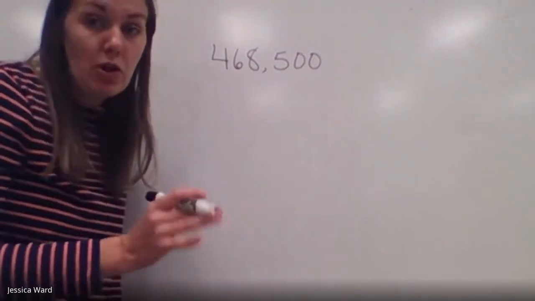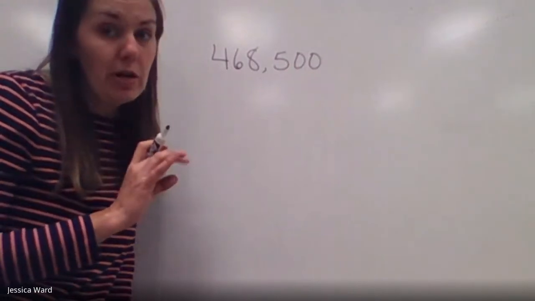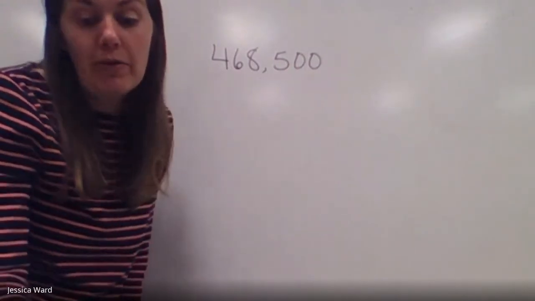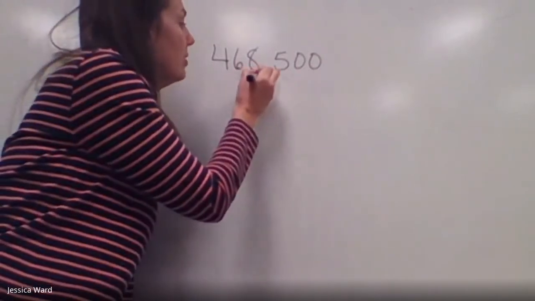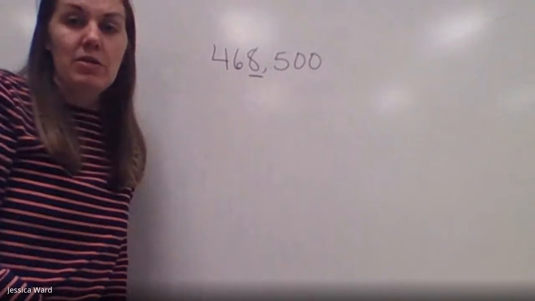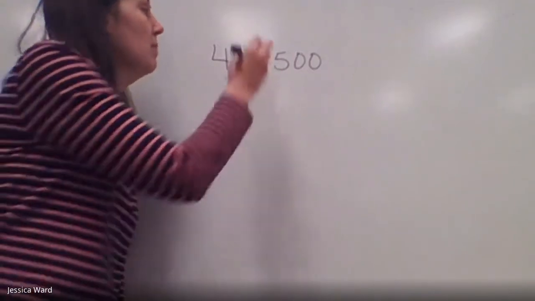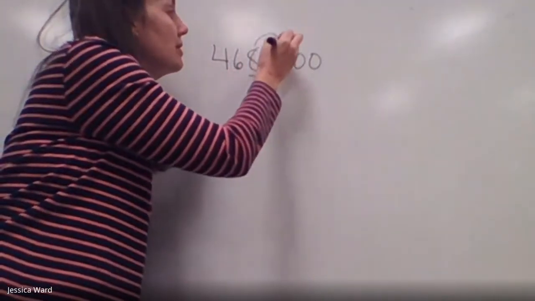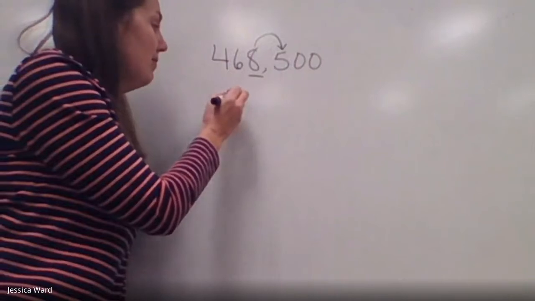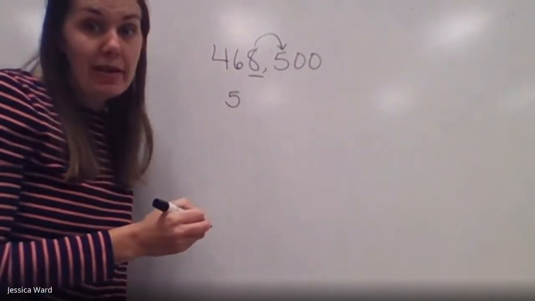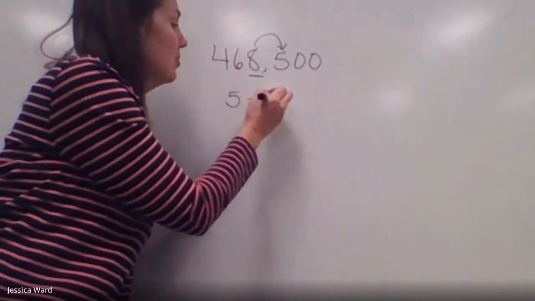You can also show it as, if this is the way that I think is a little bit shorter, if you are rounding to the nearest 1,000 in this problem, we're going to underline the thousands place. So that's going to tell us which number we're going to be rounding to. But we're going to look to the number next to it to see if it's 5 or more. 5 is not less than 5, it's equal to 5.